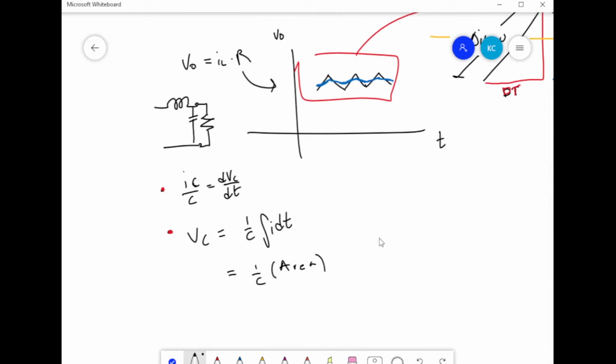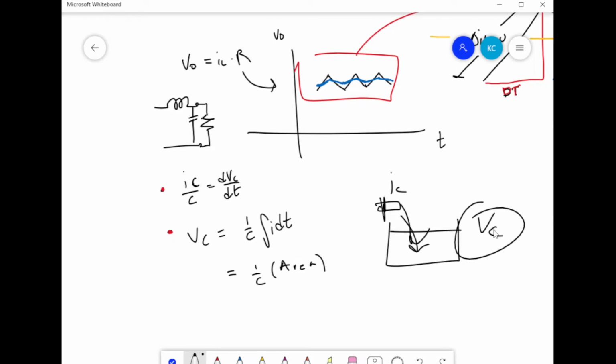So a capacitor is like a bank of water, and every second we add a little bit of water, then that's going to be able to tell us where the water level is. So if the water level is the potential, and a little bit of water is the current, if we measure the time and the flow of current, we'll be able to get how much voltage is on there, and it's proportional to 1 over C.